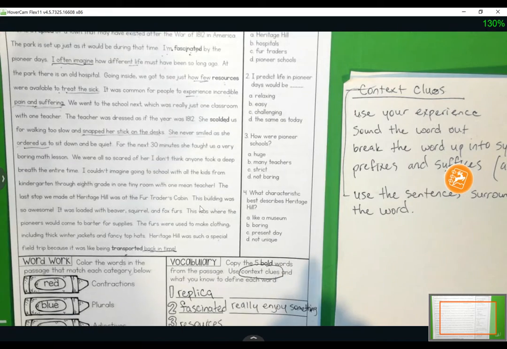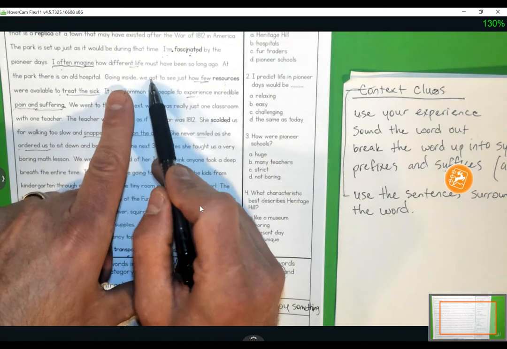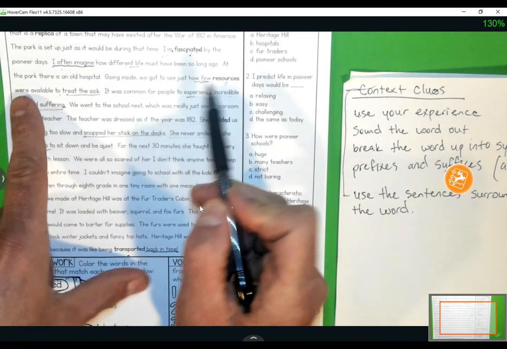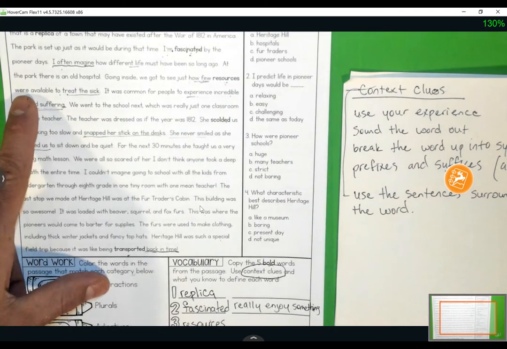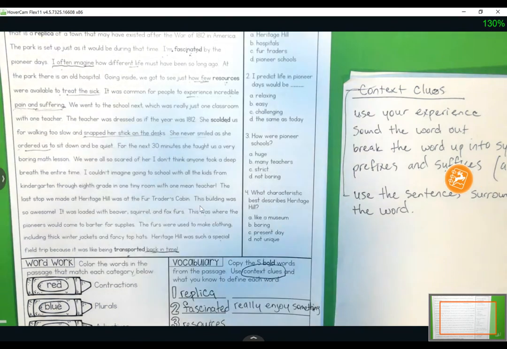So, resources. I have the sentence, "Going inside, we got to see just how few resources were available to treat the sick." So in that sentence alone, I have how few resources, treating the sick, resources.